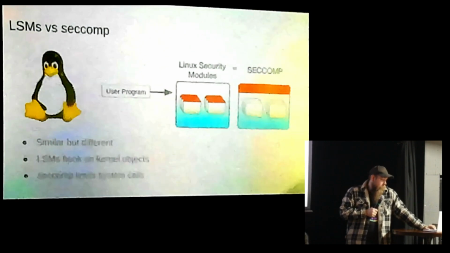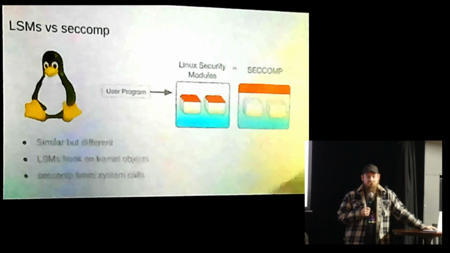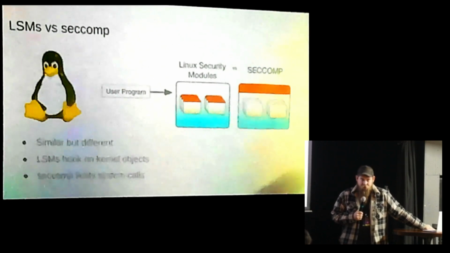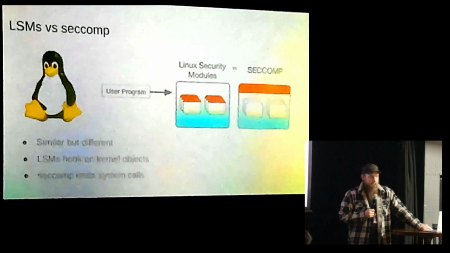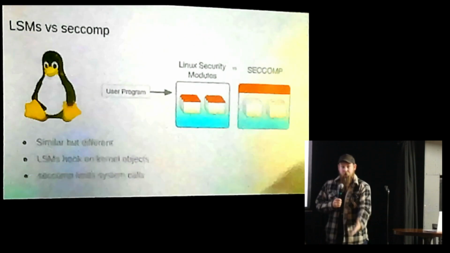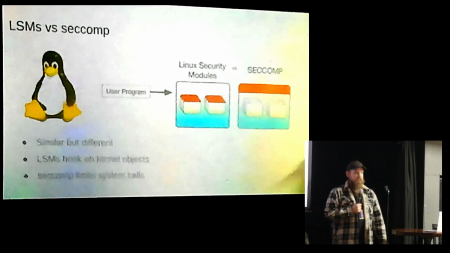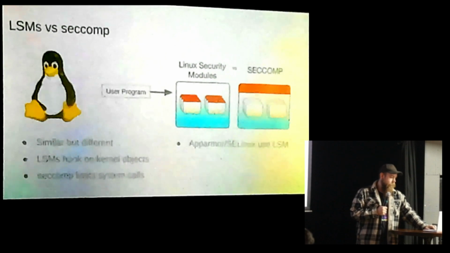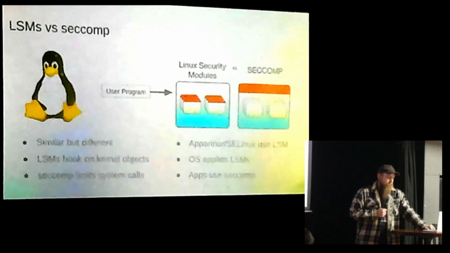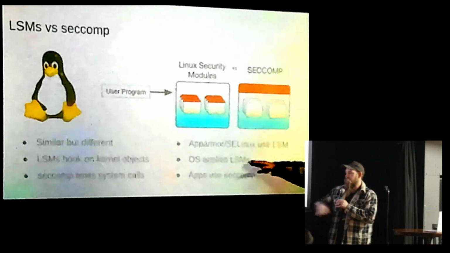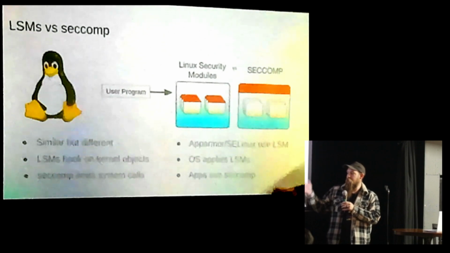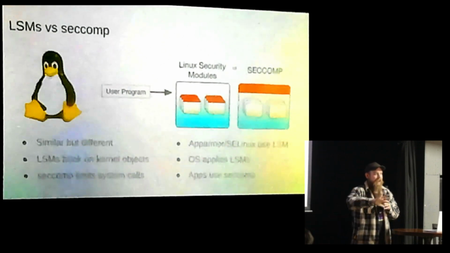The hierarchical kernel objects, seccomp basically is a one-way gate. It's a one-way street. It is very analogous to pledge in some ways. It basically allows the computer program to say, hey, I will not do these things. If I do these things, kill me. And this is, again, not entirely correct, but it's close enough. So operating systems apply LSMs, and apps use seccomp. It's accurate-ish.